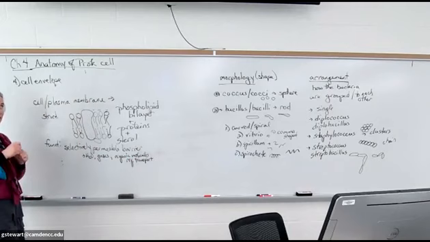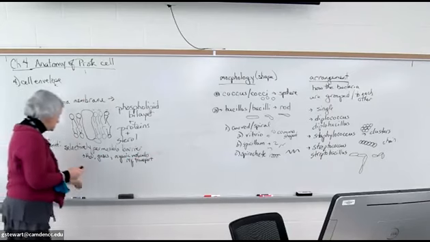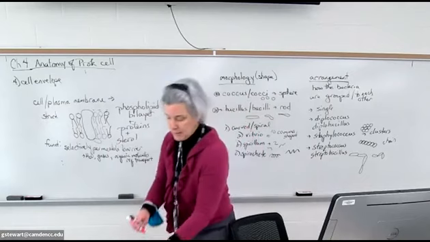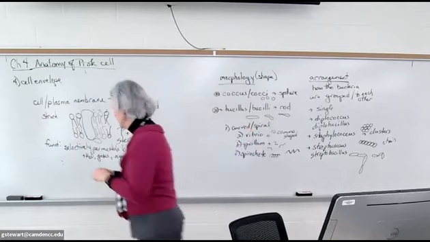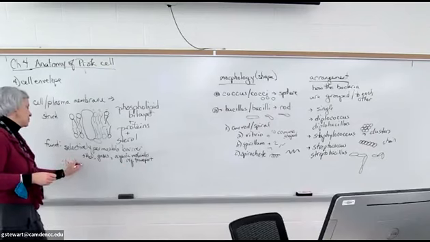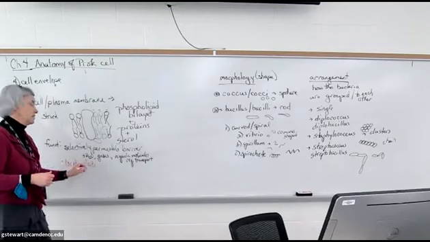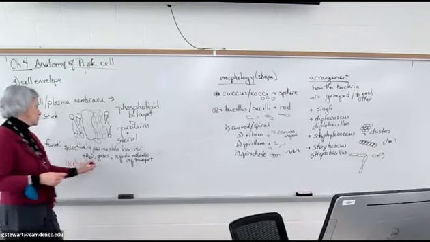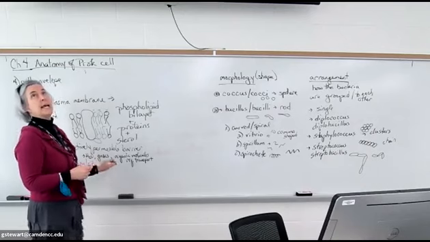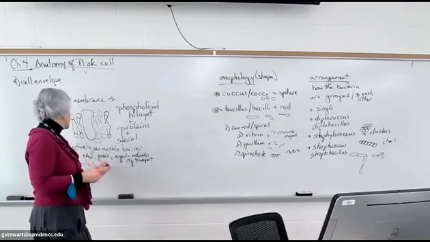Second function of the plasma membrane in bacterial cells, in prokaryotic cells, and this is huge, which is the whole reason I'm making a big deal out of the plasma membrane: it is the location, or you'll hear me use the site, the place, for, let's say, metabolism.